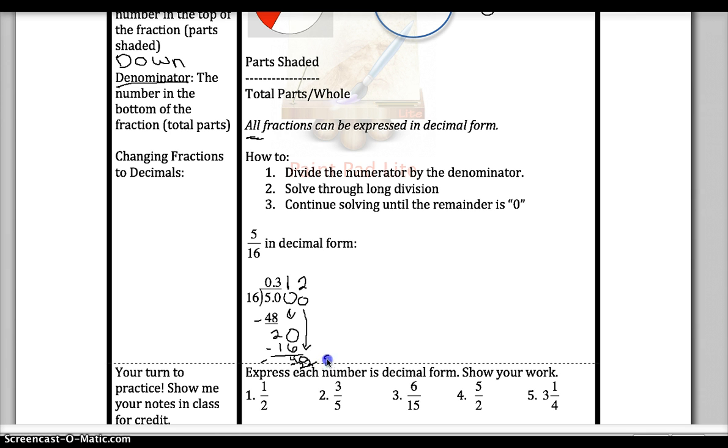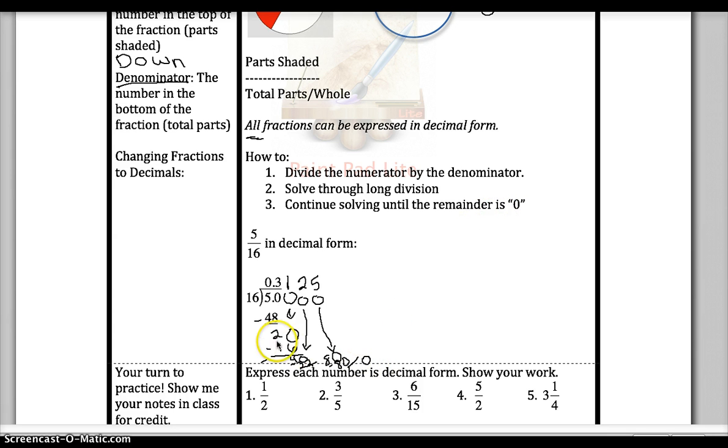I'm going to kind of go on an angle over here. 16 does not go into 8, so I need to add yet another 0 to bring down over here. 16 goes into 80. Yes, it does. I believe it goes in 5 times. Yes, it goes in 5 times evenly. 5 times 16 is 80. 80 take away 80 is 0. And remember, in my directions, I said that we have to continue solving until the remainder is 0.